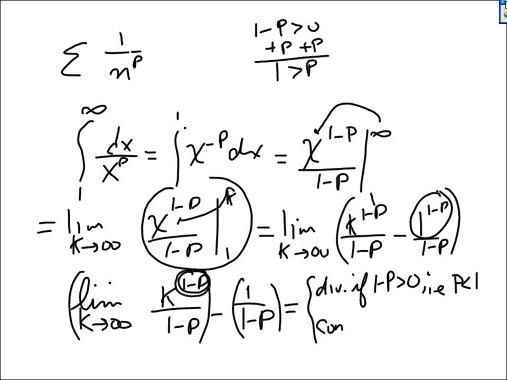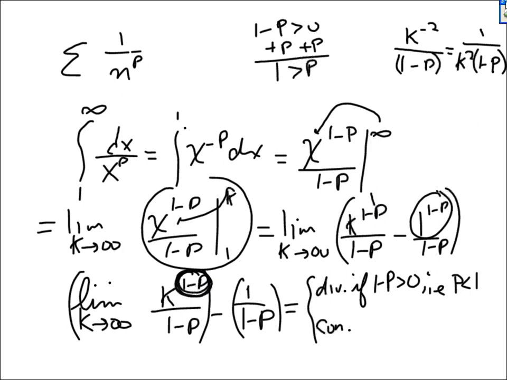Now, it will converge if this power is negative. Like suppose you have k to the negative 2 over 1 minus p. This will become 1 over k to the 2 times 1 minus p.